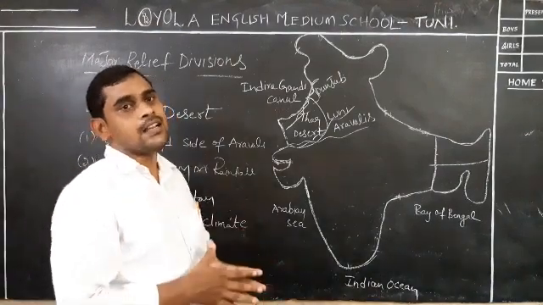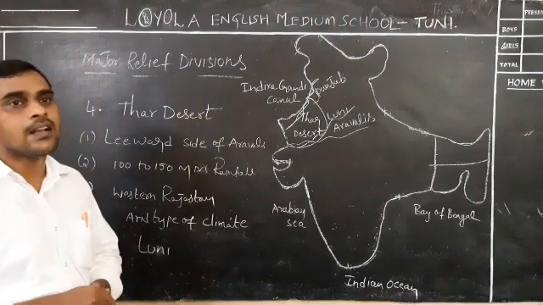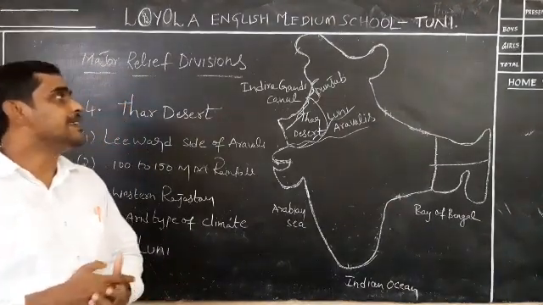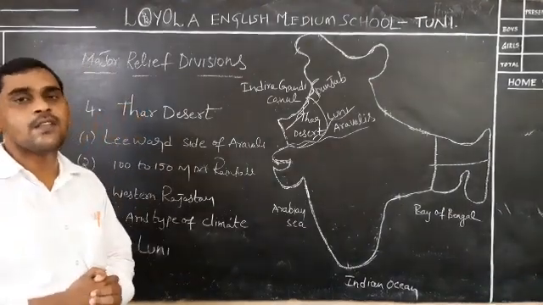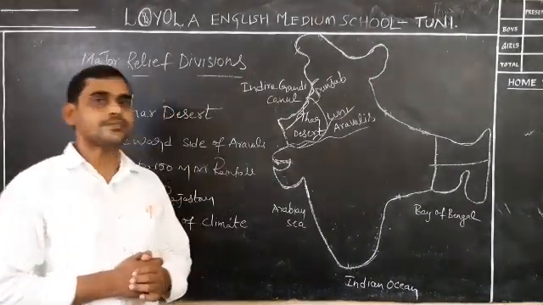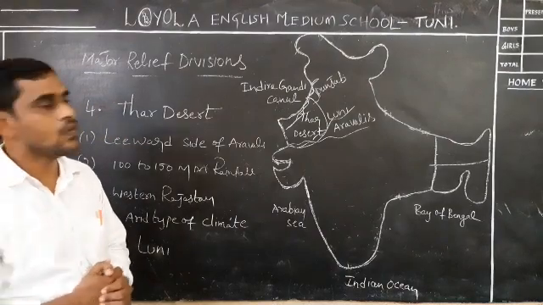The canal dug by the government is called the Indira Gandhi Canal. How many kilometers is it? 650 kilometers. Do you understand this? Okay now.